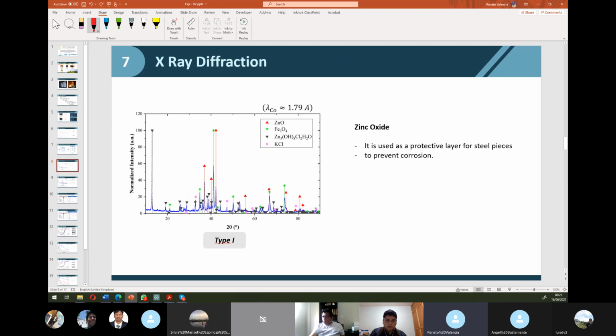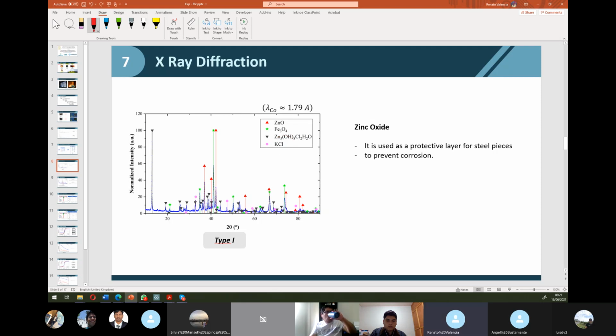In the next slide, we have the X-ray diffraction of the type 1 sample, the red powders. In this sample, we have zinc oxide, magnetite, the compound zinc hydroxide chloride monohydrate, and potassium chloride.